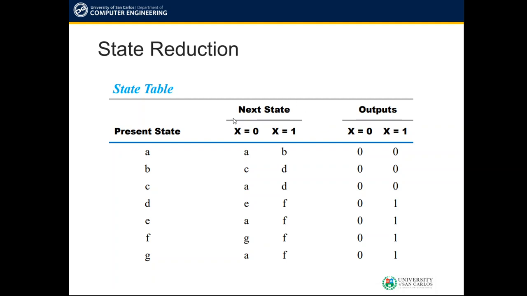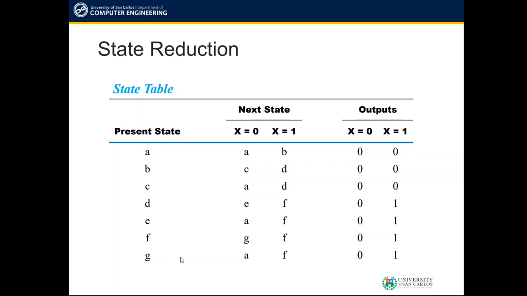To reduce this, based on the definition, we find a present state that has an equivalent next state, almost the same scenario, and at the same time the output is also the same.